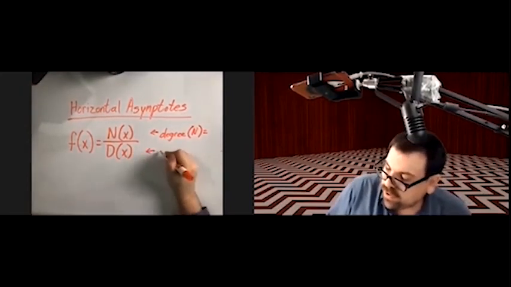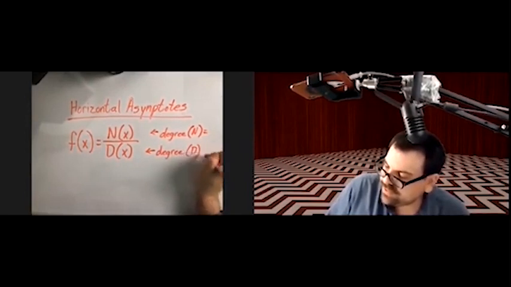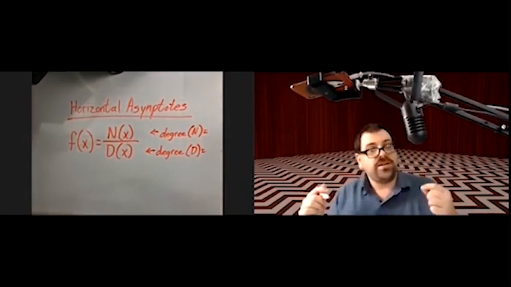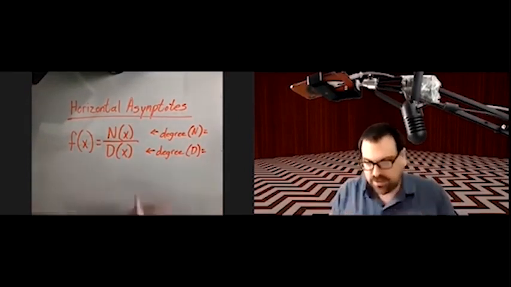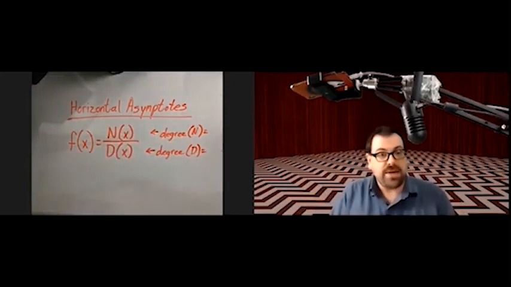On the bottom, we want to find the degree of d. We want to find the degree of the numerator. We want to find the degree of the denominator. So if the highest power is a squared, then the degree is 2. If the highest power is a fifth, then the degree is 5.